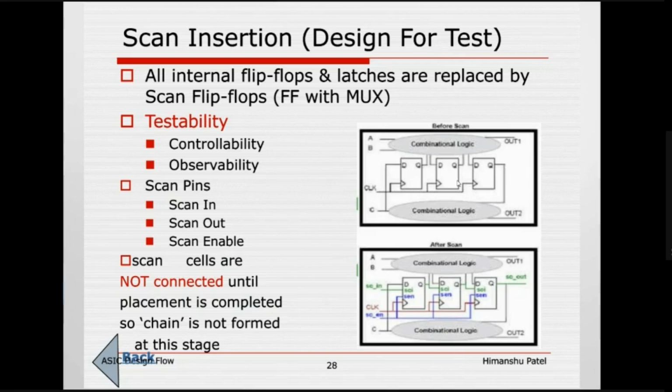To make sure that the functional logic is not disturbed, we do a functional equivalence check, formality equivalence checks. Guys, we do equivalence checks at every stage of DFT and physical design to make sure that we did not disturb any functionality of the design.